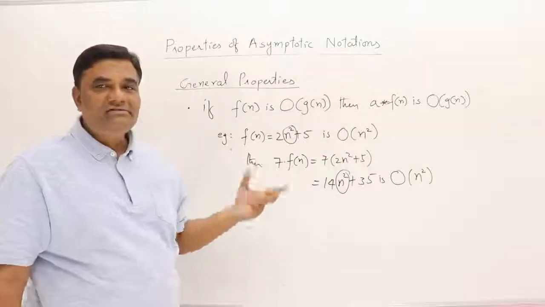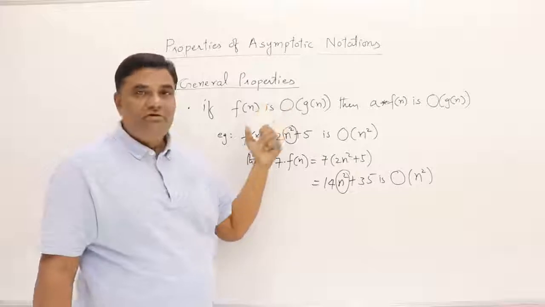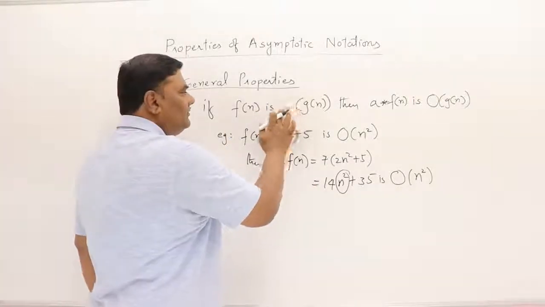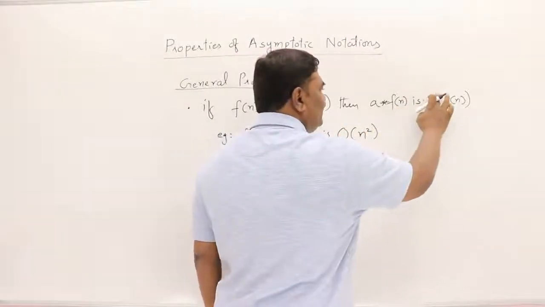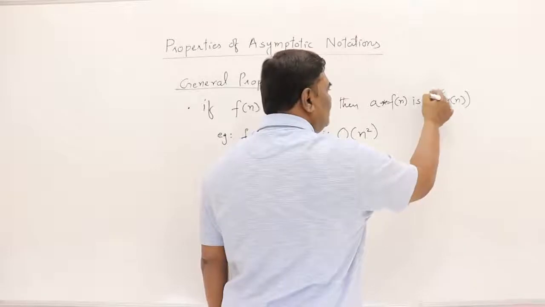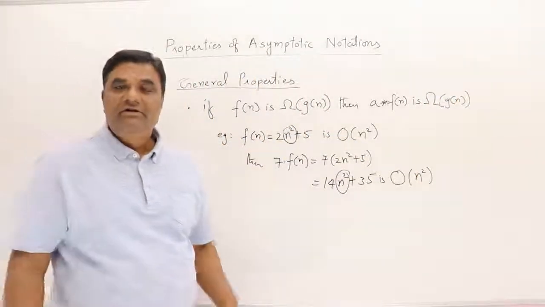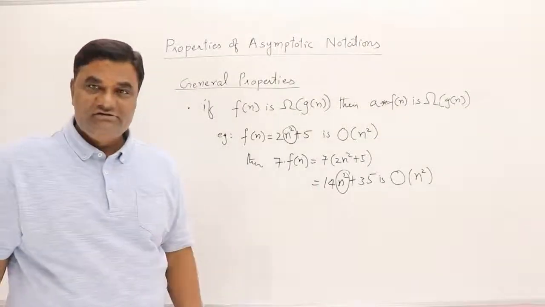This a is a constant, some constant value. This is true for big O, and even it will be true for omega also. If this is omega, then also this is omega. And it is true for theta also. So the same property applies for all three notations.